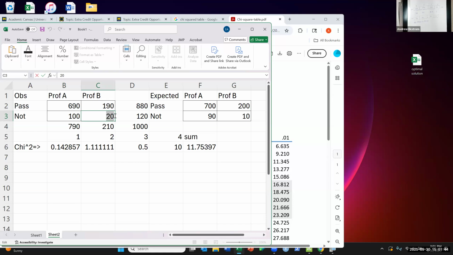And let's say instead we have 10 here, but we expect there to be 20 over here. Now the chi-squared value for that one cell is 5. But when we had it the way it was originally, 20 versus 10, all of a sudden it's a lot bigger. That again is telling us that maybe the chi-squared test is a little bit too sensitive, and we should be using the Fisher's exact test. Okay.